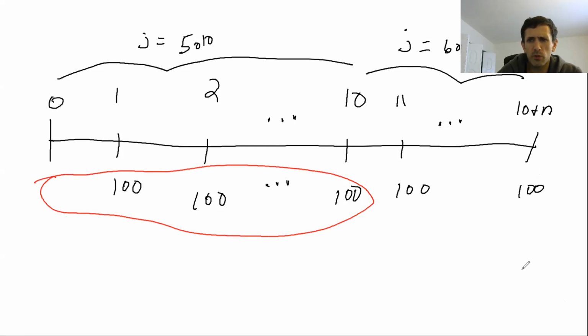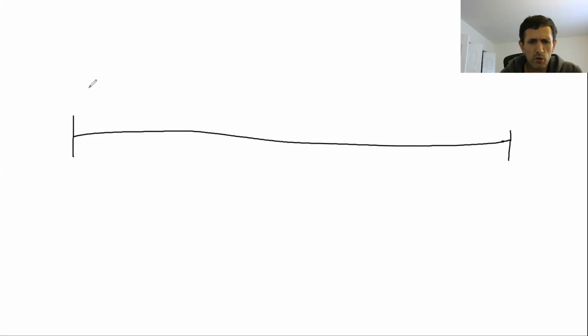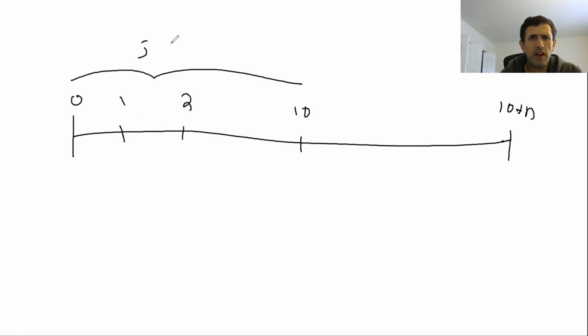So this is 10 plus n. This is 10 here, 0, 1, 2. And again, 5% interest here, 6% interest here.